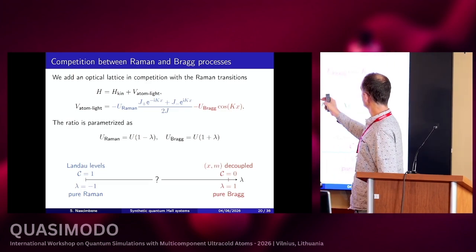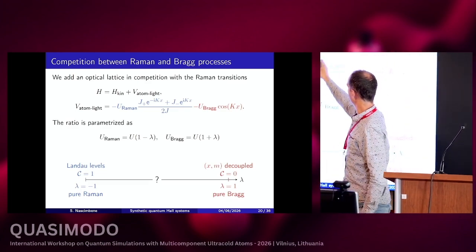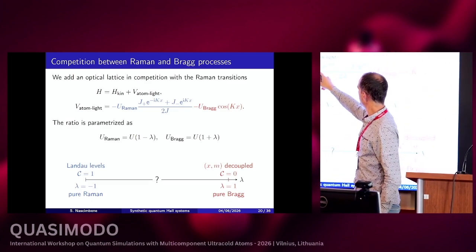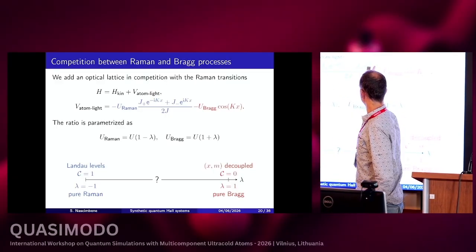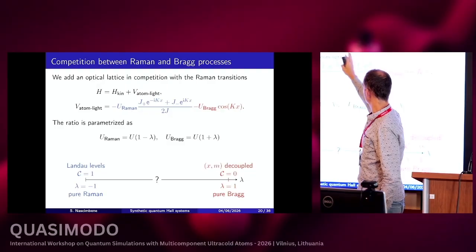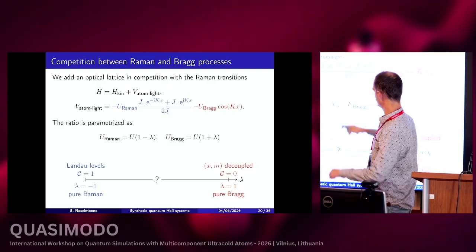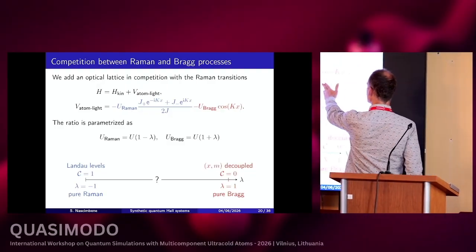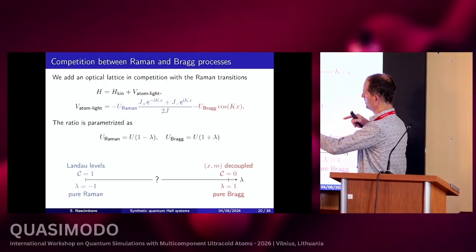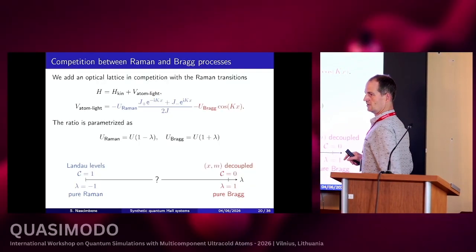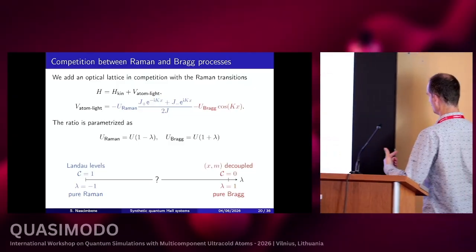And so you have the competition between the Raman couplings, which are described by J plus, J minus spin operators with these higher spins. This is what I already used in the previous part. And we add now an optical lattice that uses the same color, so the same light momentum.